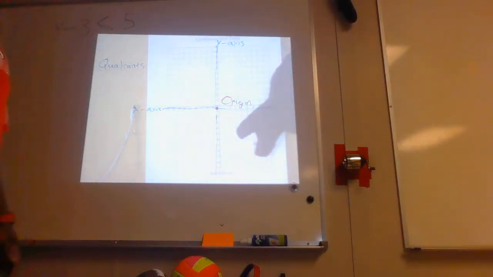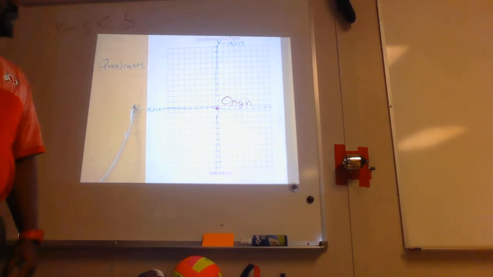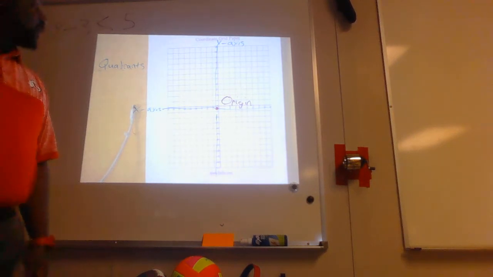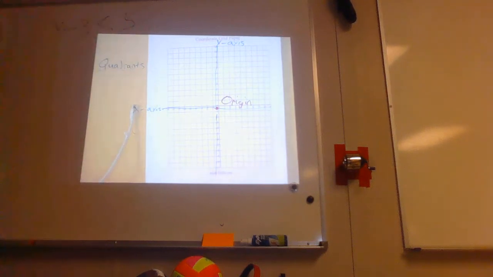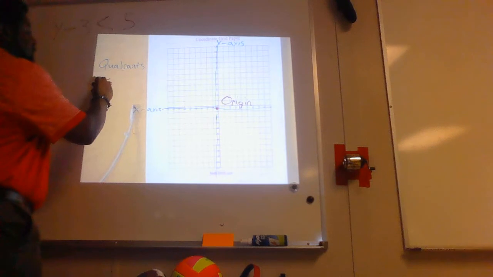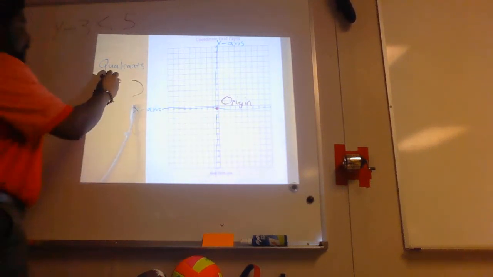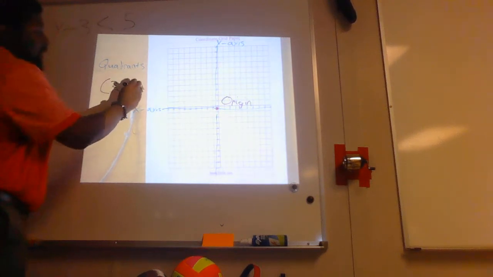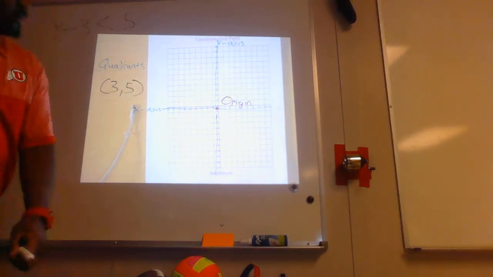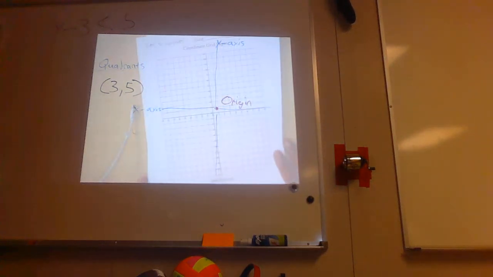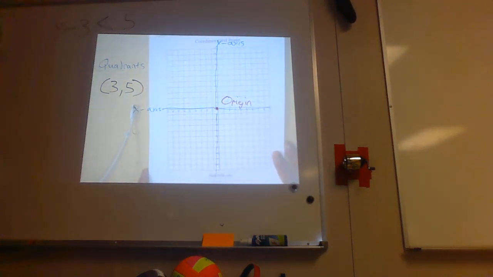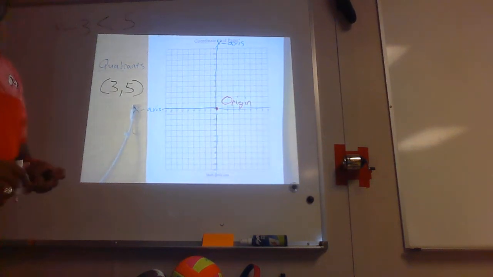So, when you're plotting a point on your coordinate grid, the first number tells you if you're going to go left or right. I'm going to put a point at 3, 5.